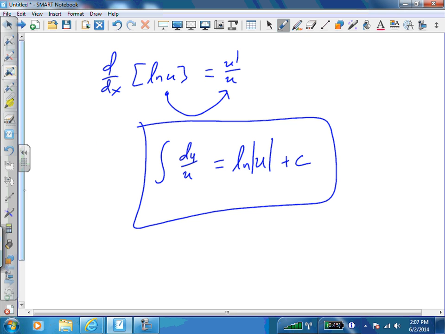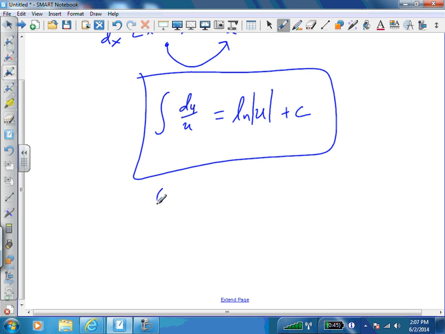Now, going back to a few antiderivatives. If we had a function like this, the first antiderivative formula that we studied was the power rule. And the power rule says if we have x to a power and we want to integrate it, we do x to the one larger power over that power plus an arbitrary constant.